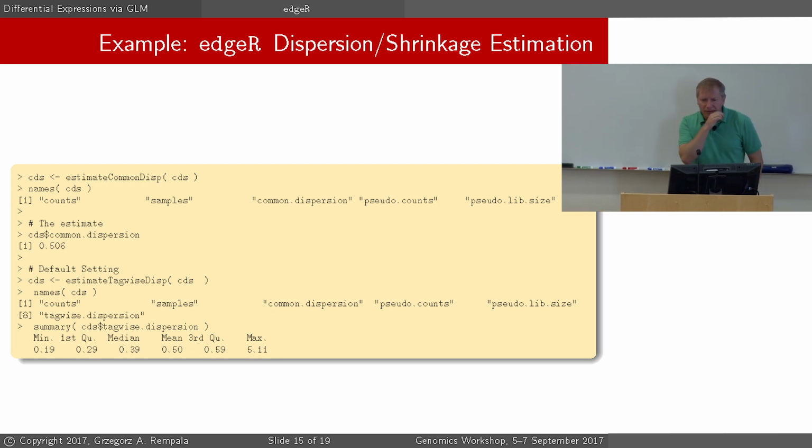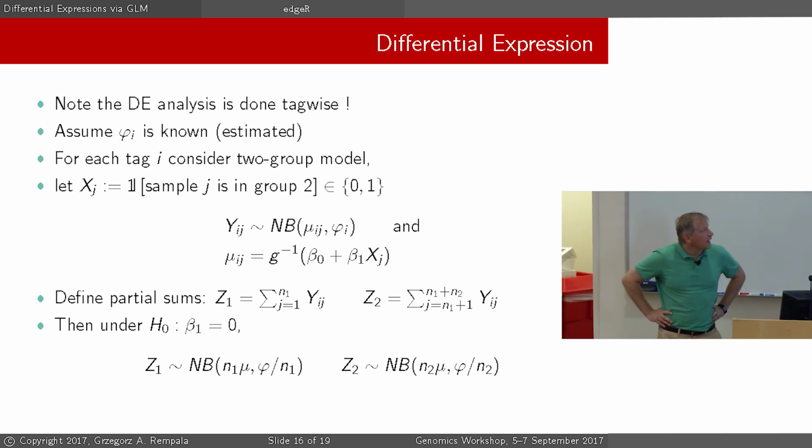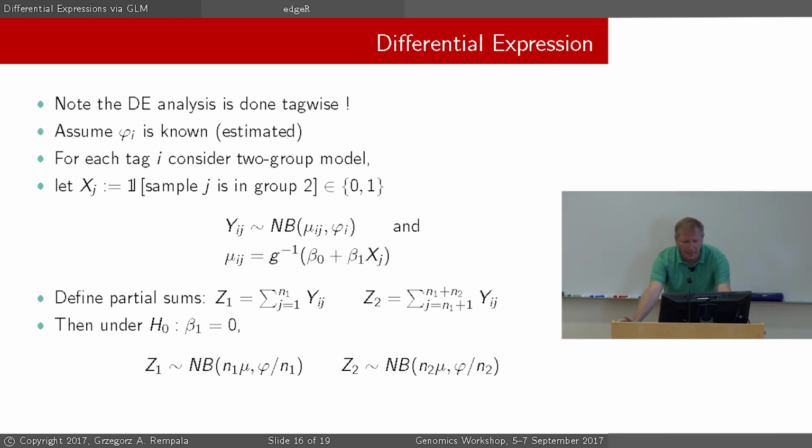So how does the differential expression work now that I have the idea of how to deal with the over dispersion? Let's say, for the sake of simplicity, and it's a special case of what I was talking about earlier, that I have a number of data points from different individuals, different subjects, in our case 15 individuals with different stages of breast cancer.